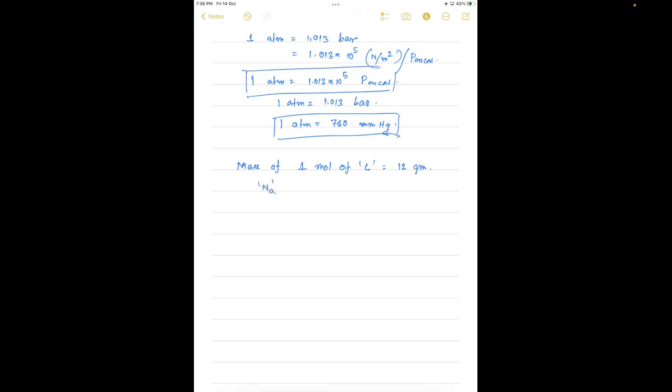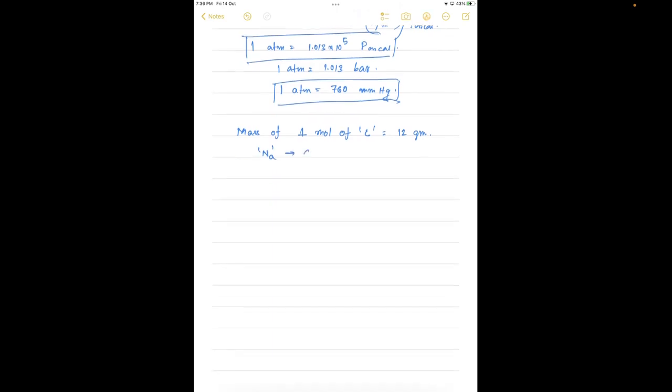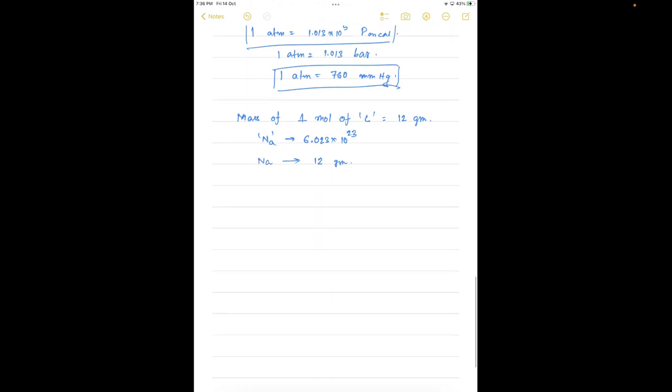Avogadro number is Na, which is 6.023 times 10 to the power 23. So for Avogadro number of carbon atoms, the mass will be 12 gram, and for 1 carbon atom the mass will be 12 divided by Avogadro number of gram.